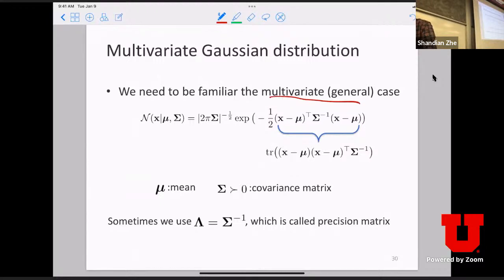So suppose we have a collection of random variables. Here x is a vector, it might be n variables.